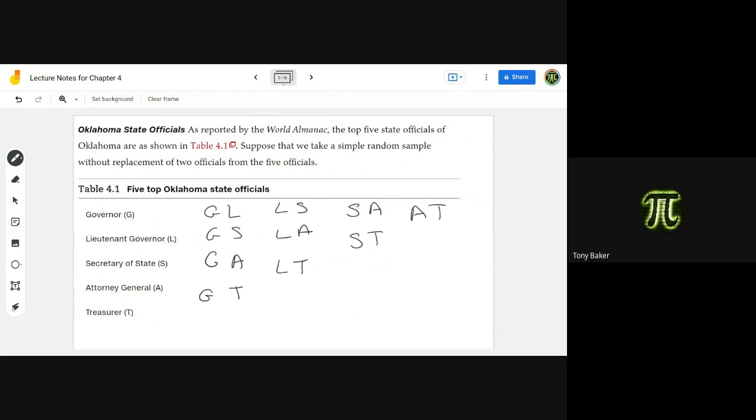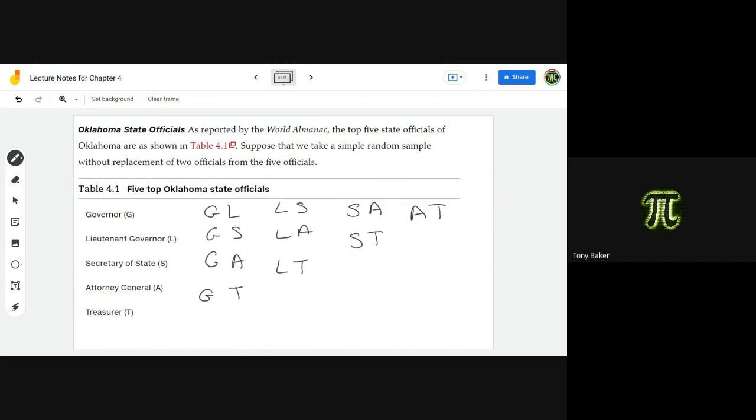So the easiest way when you're making a list, which it sounds like something everybody should get, but believe it or not, there's actually ways to do it. Just start with 1, go down, and then since the repeat doesn't work, you just cross that one off and literally do the exact same thing for those, and then just keep going. It's the fastest way to make a list so that you don't forget things. If you randomly start picking them, odds are you're not going to get them all, or you're going to repeat one, depending on how many outcomes are out there, and you're not going to catch it.